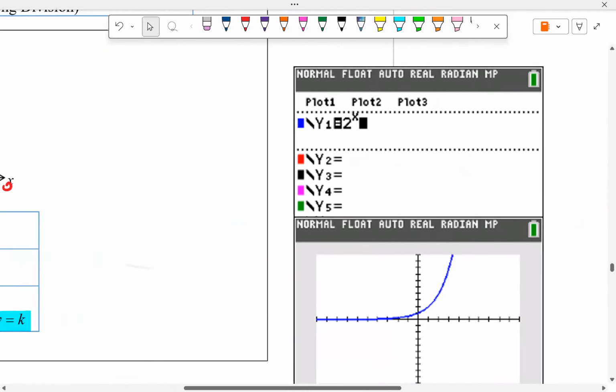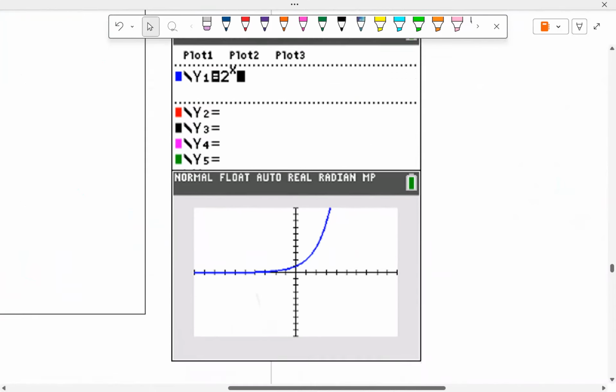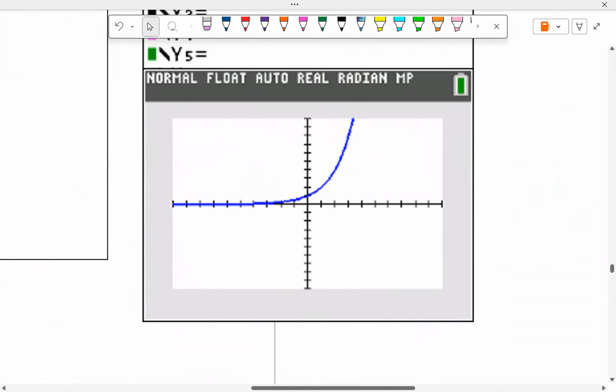Next, we want the shape. So you go to the GC and key in 2 to the power of x. After that, press the graph button. The GC will give you the shape. For an exponential graph, the GC is slightly misleading because it shows the graph touching the x-axis. But like I have emphasized to you, the graph shouldn't cut the asymptote.